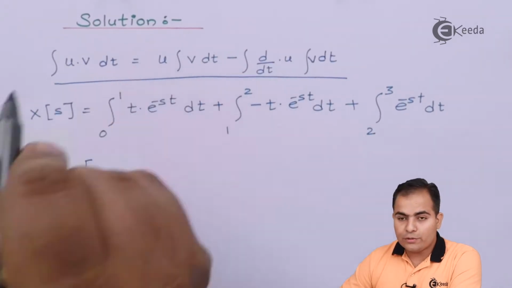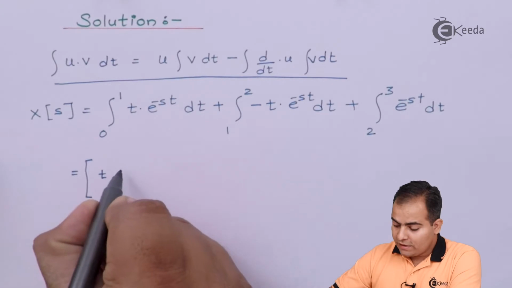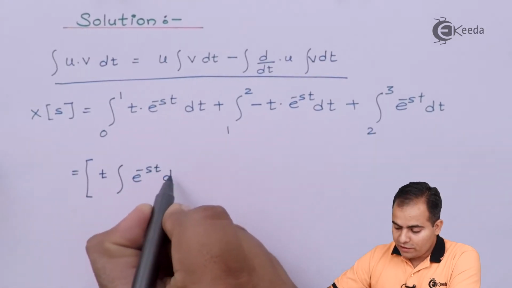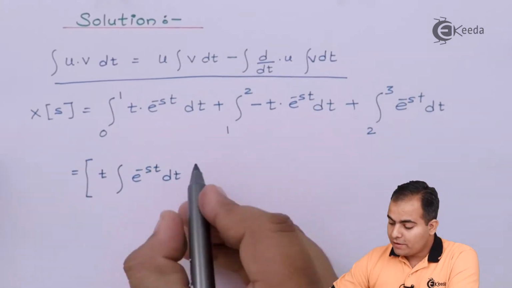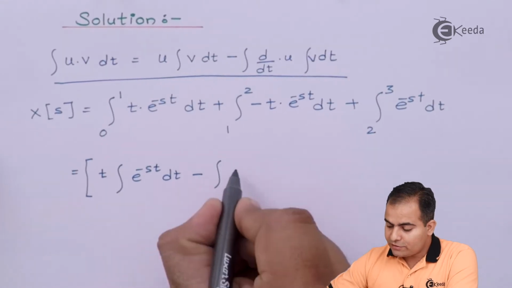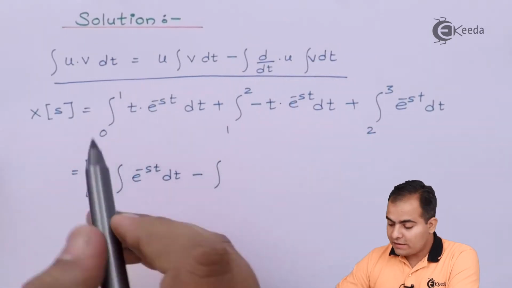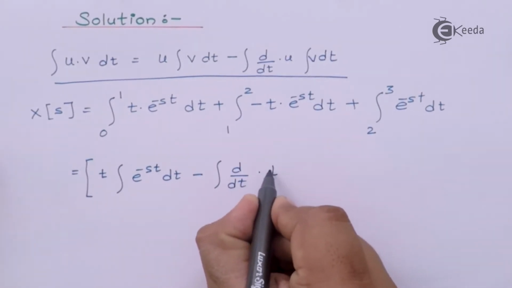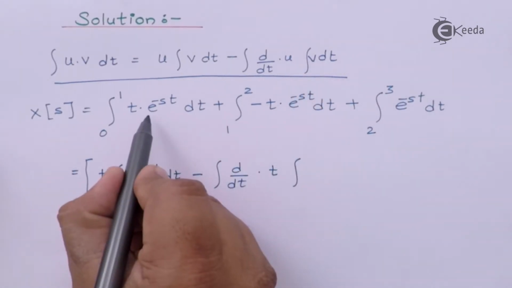First of all, u I have to keep outside the integration term, so t will be outside, and the integration of e to the power minus st with respect to time t, because we are integrating all the terms with respect to time t, minus the integration of d by dt of u, where my u is t. So here I am going to write d by dt of t. Again we are going to integrate this v, where my v is this.